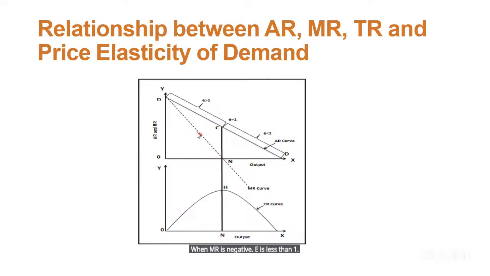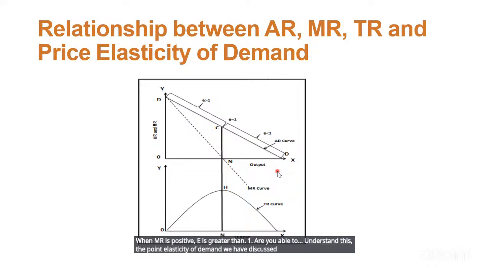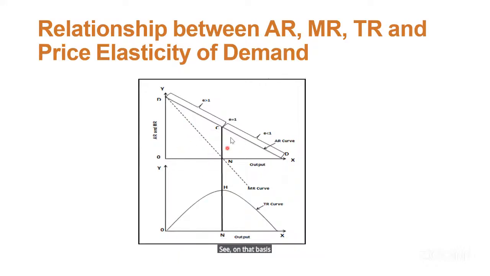When MR is positive, E is greater than 1. Are you able to understand this? The point elasticity of demand we have discussed, right? So on that basis, this is the relationship between MR, AR and elasticity of demand and also TR.